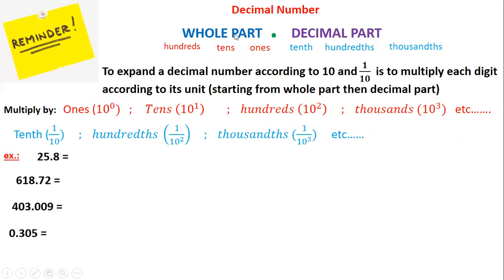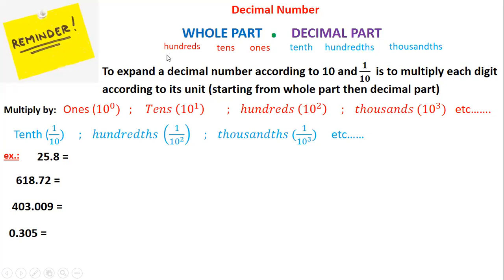In the whole part, always near the point, the first digit is the ones digit, then the tens digit, then the hundreds digit, etc. When I start in the right part, which is the decimal part, I start from near the point always. Near the point, the first digit is tenths, the second digit is hundredths, the third digit is thousandths.